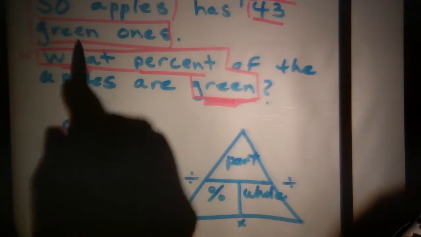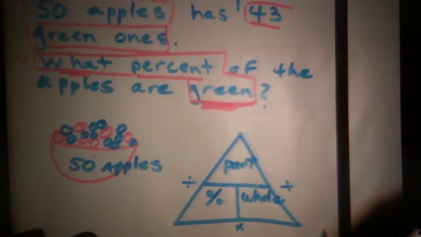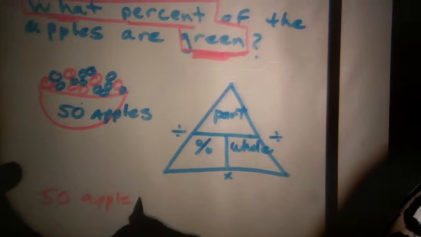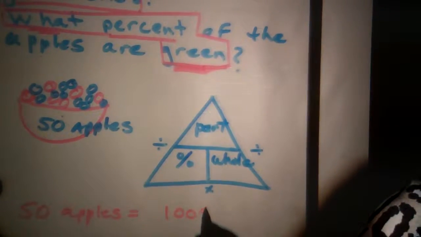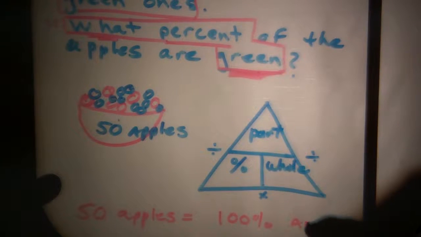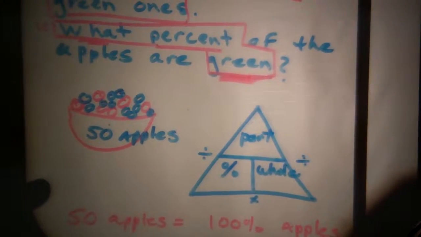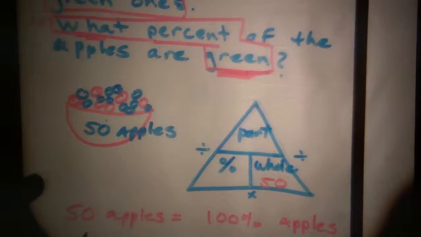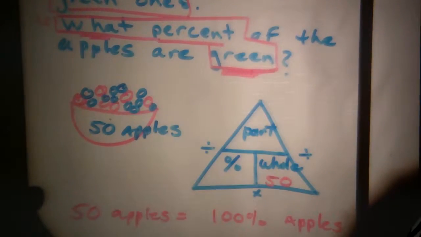I know that I have 50 apples. That's my 100%. 50 apples equals 100% of the display, or 100% of the units, which are apples. So that would go here, 50 apples. The part, 43 green ones.